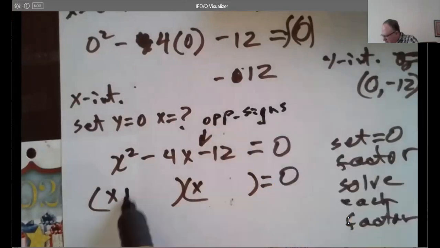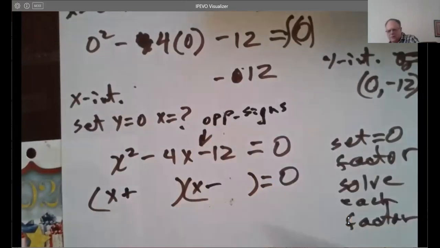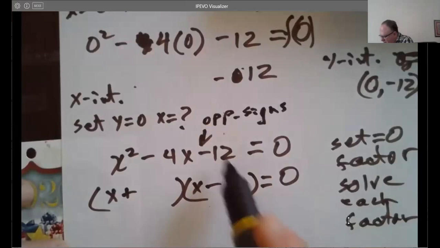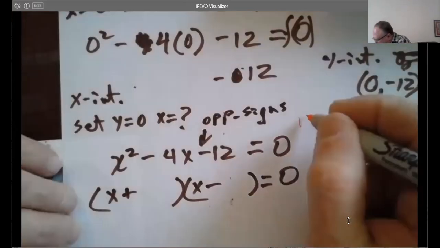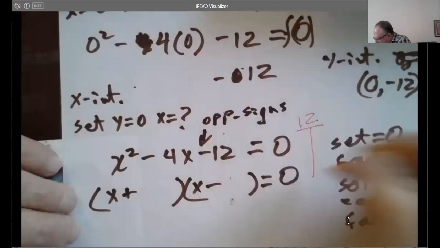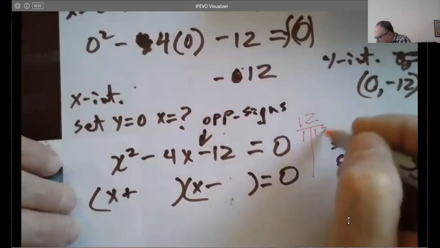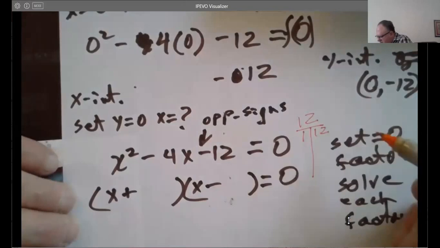Okay, so plus or minus, or a minus and a plus, it really doesn't matter. Okay, so now we need to look for factors of 12. So we always use 1 and 12, because that's always a pair of factors.